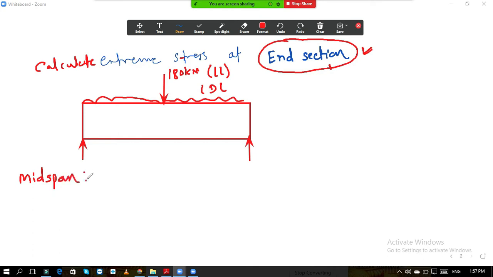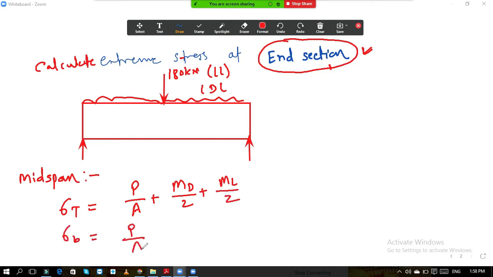If the mid-span section is there, then while calculating sigma t, you take P by A plus MD by Z plus ML by Z.